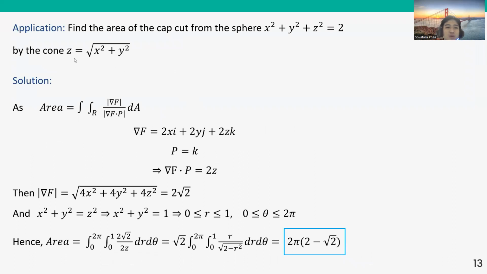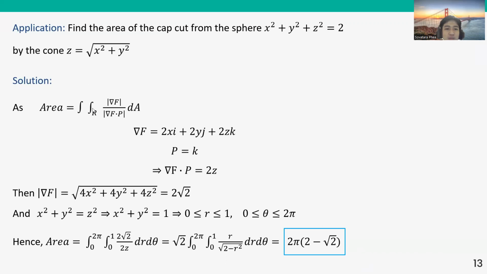So let's do an example. Application: find the area cut from the sphere x squared plus y squared plus z squared equal to 2 by the cone z equal to square root of x squared plus y squared. So the solution is by using the formula of the implicit surface, because as you can see here, this is an implicit surface.